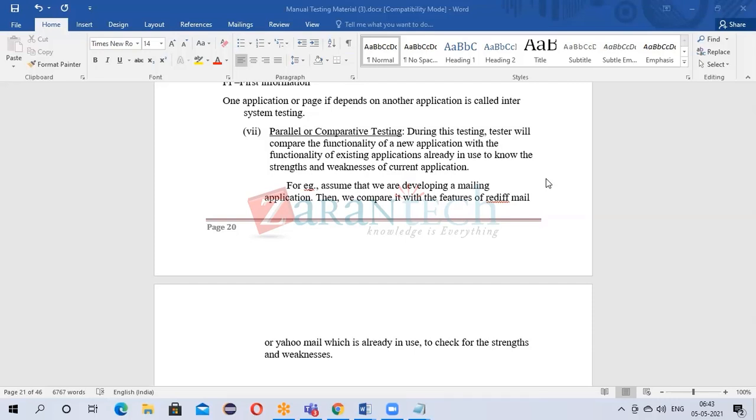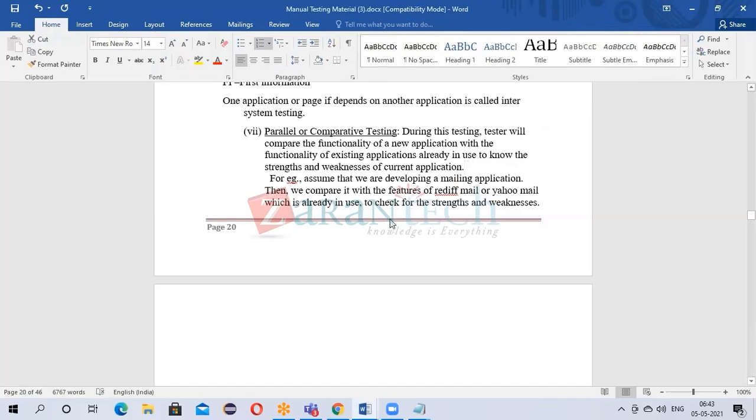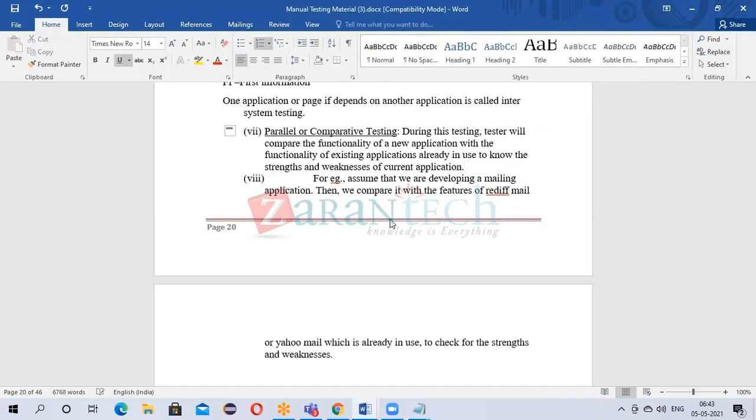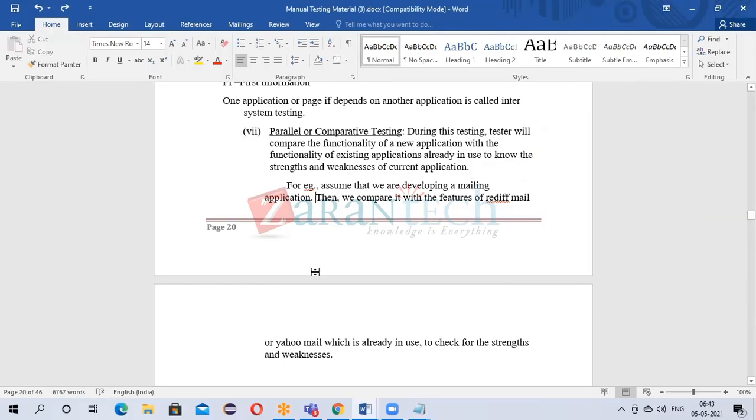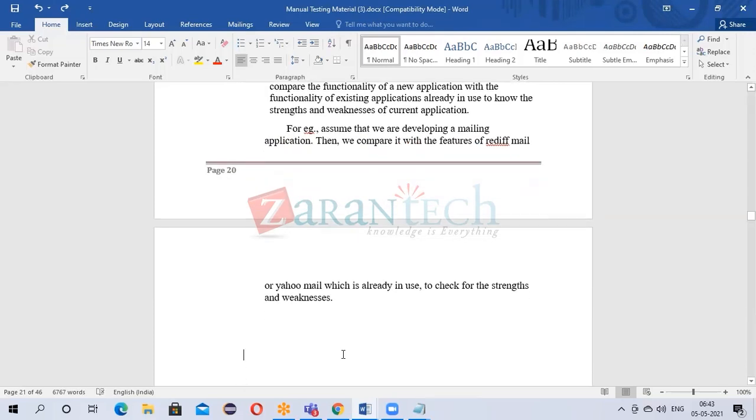Yes, parallel testing completed. Here, comparison. We are comparing our application with another application to know the pros and cons. So why are we comparing our application with another application?